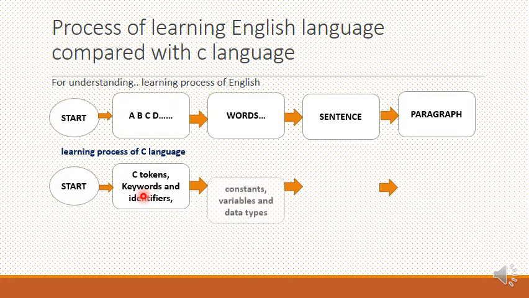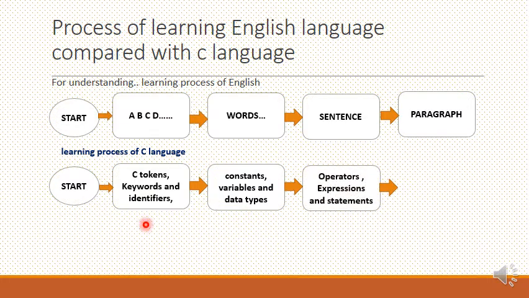Next you are going to study constants, variables and data types. And next you study the sentences, which are nothing but operators, expressions and statements. In this way we move along the journey of the C language.